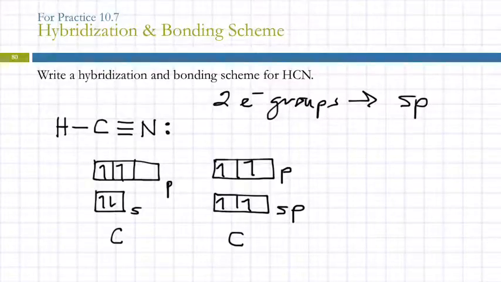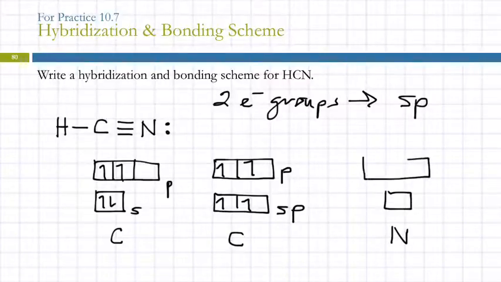Let's look at what's going on with nitrogen. This is a terminal atom. We're assuming it's not hybridizing. So for nitrogen, we've got S and P. How many valence electrons does nitrogen have? 5. 1, 2, 3, 4, 5. And then we also have hydrogen.